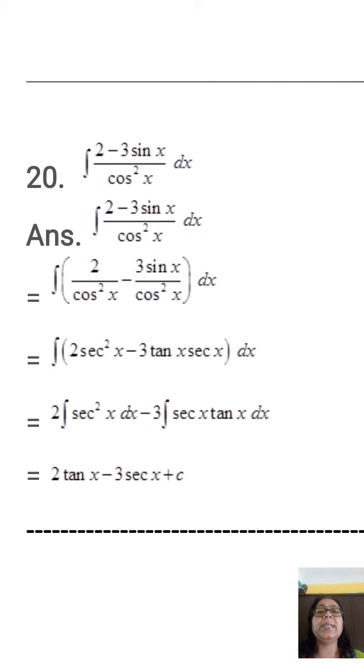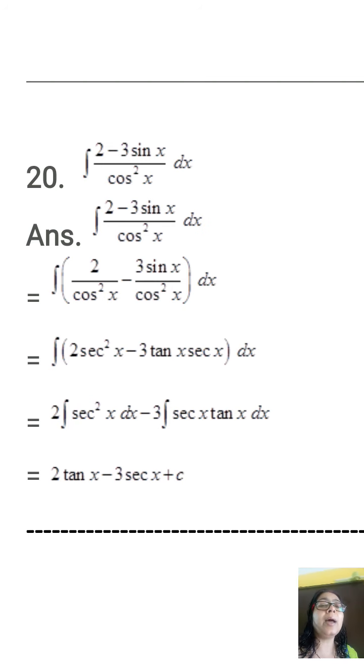Question number 20. Integration of 2 minus 3 sin x by cos square x. So we will break it this way. We can separate into 2 by cos square x, this is the first term, minus 3 sin x by cos square x.